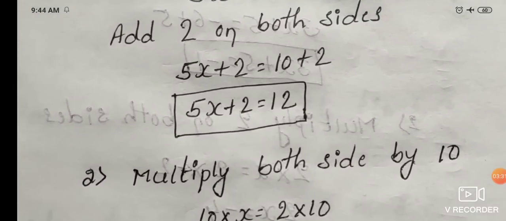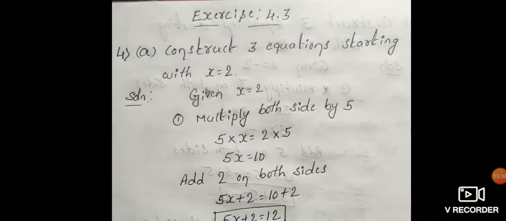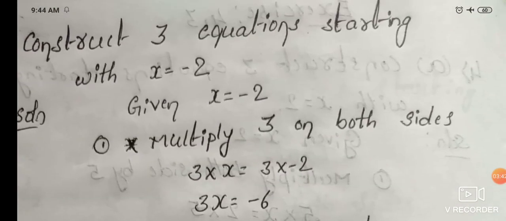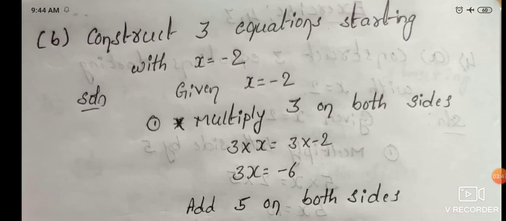Second one. Construct 3 equations starting with x is equal to minus 2.